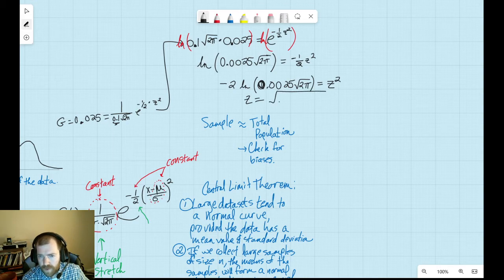So this is the square root of the natural log of 1 over, negative 2 as an exponent brings that up, so 2 pi times 0.0025 parentheses squared.